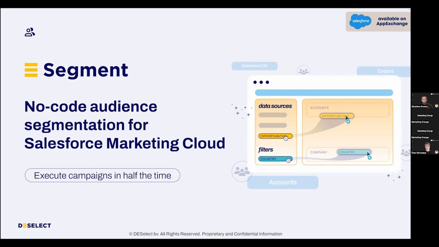So we've developed a solution where you can use drag and drop to build your audience. Very intuitive, it can be very advanced. It's high performing, so it can filter through millions and millions of records. I think we have one client that uses Segment to filter through 1.2 or 1.7 billion contact records, just to give you an idea of the scale that we can handle with this solution.